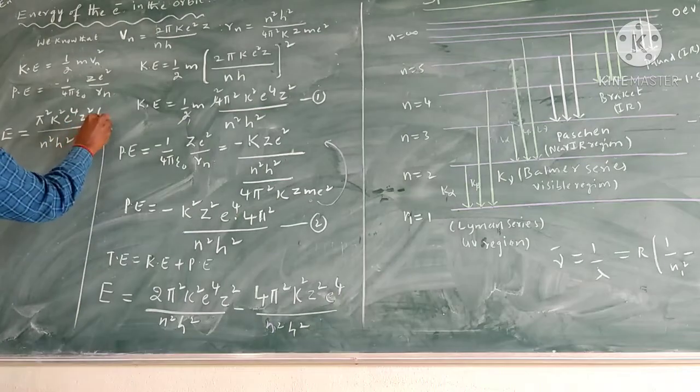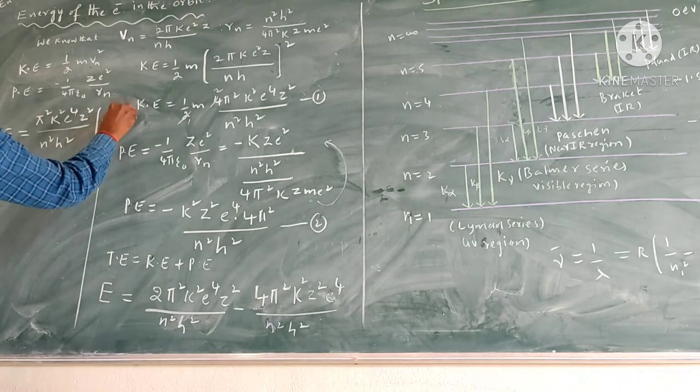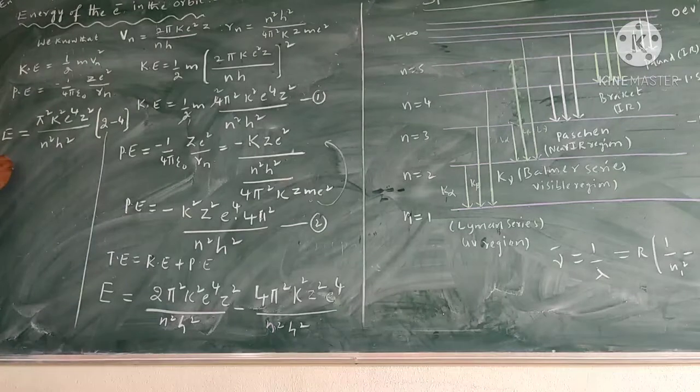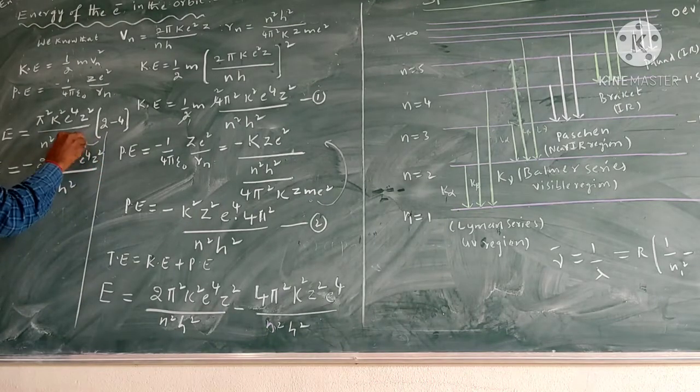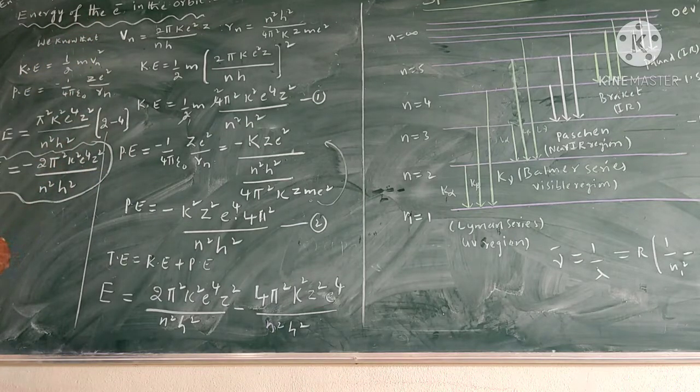Here 2 minus 4 means minus 2. So E is equal to minus 2 pi square k square e power 4 z square by n square h square. This is the total energy of the electron in the Bohr orbit.